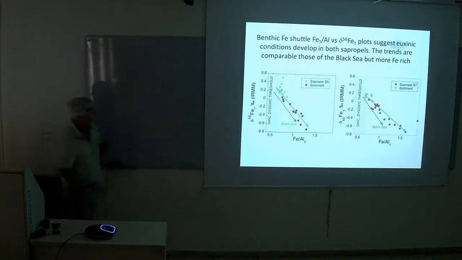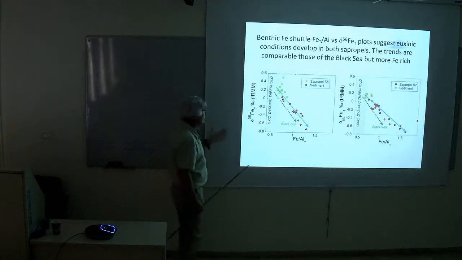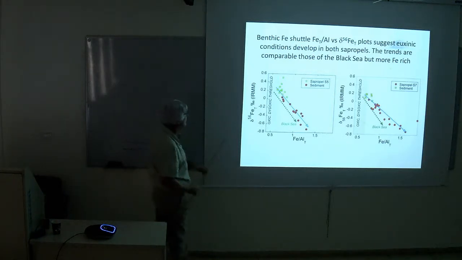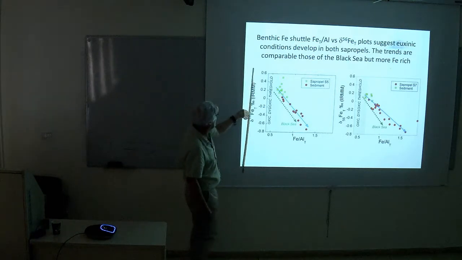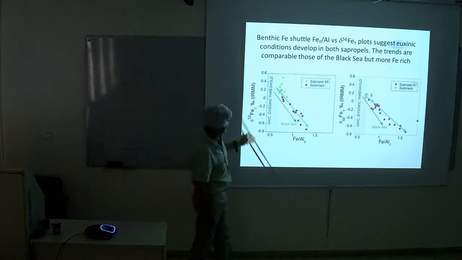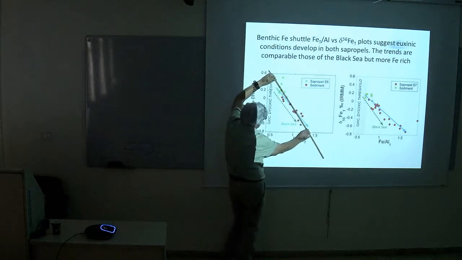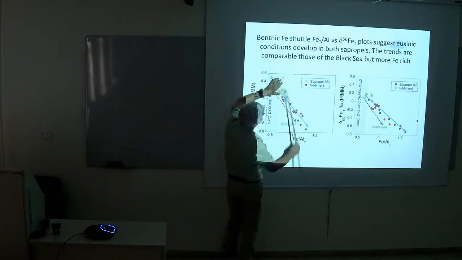So, when we look at the benthic shuttle, the obvious seems to be occurring, because we saw it in this previous diagram. So if we plot the delta 56 of the sapropel versus FeAl, we see exactly the trends we expect from the benthic shuttle.